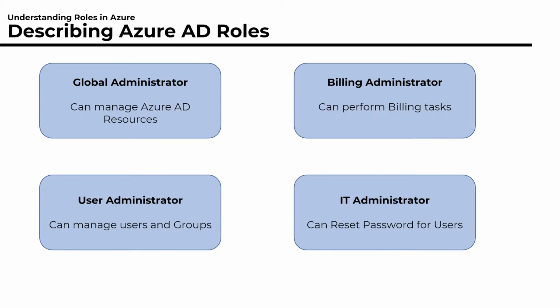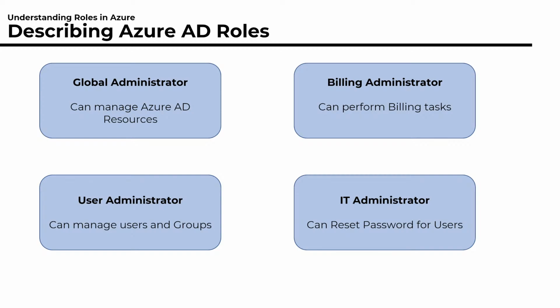So all these billing tasks we can perform, right? Only the billing administrator can perform those activities when the particular user is provided with that billing administrator access. He cannot modify, create, or delete any types of resources in Azure, except the billing activities.